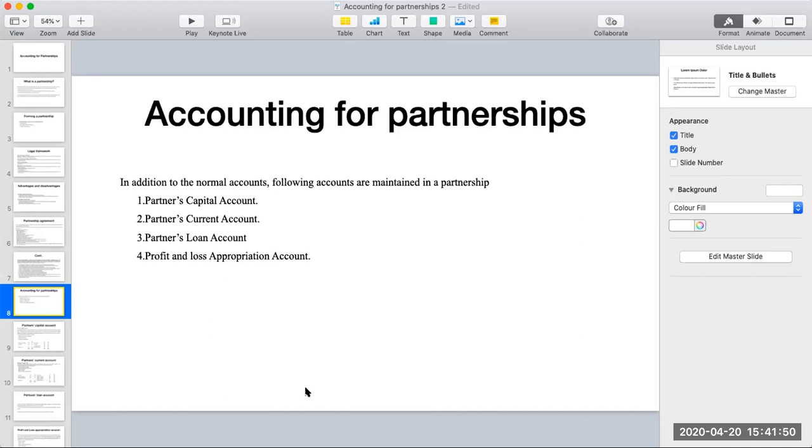Those will include partners' capital account, partners' current account, partners' loan account, and profit and loss appropriation account. We will go through each account and try to understand what these are.